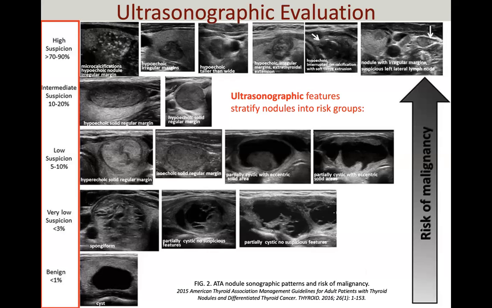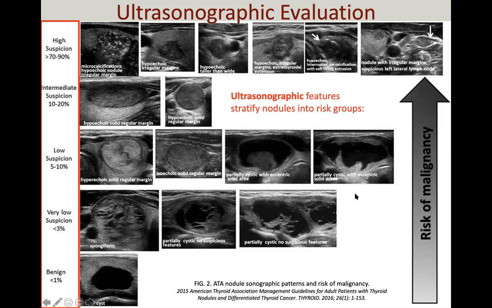So the American Thyroid Association has these index criteria for stratification of nodules into ultrasonographic risk groups, ranging from very high likelihood of being benign, less than 1% malignancy, all the way to very high suspicion of malignancy, right? So very well-defined hypoechoic, to some kind of internal signal characteristics, to solid, to something that's very calcified, stippled calcifications, or even frankly infiltrative.